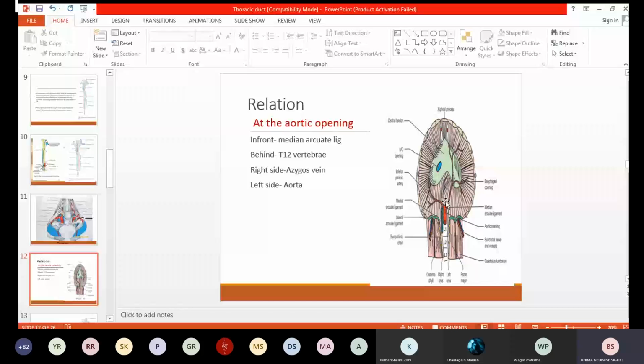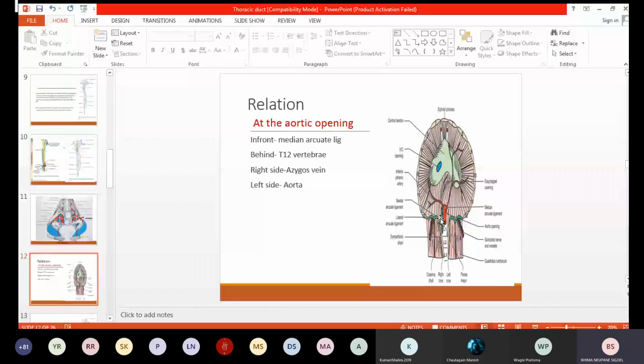You can see there are the crura of the diaphragm. Okay, this is the diaphragm as a whole. In between, you can see two crura, the right and left crura. The right one is longer, and the left one is short.